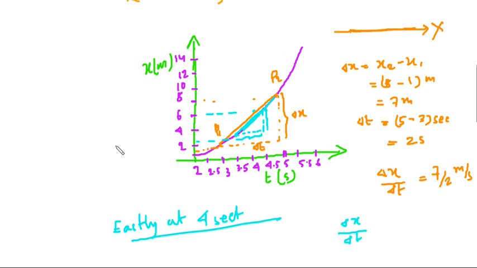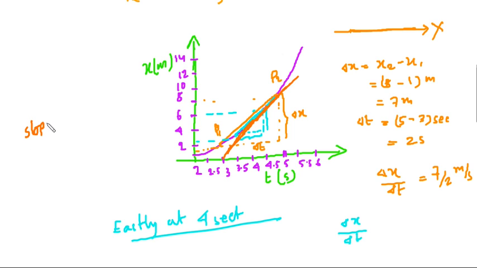For example, when we are considering 4 second, we have to draw a tangent line around 4 second, tangent to the position time graph. This is the tangent. Now we have to find its slope, and that slope is the instantaneous velocity around 4 second.